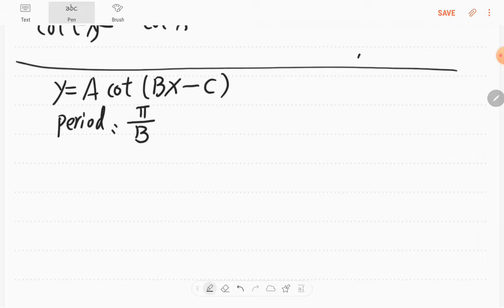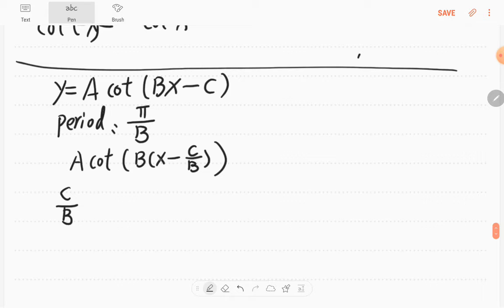And here, if you write cotangent, we take b out: x minus c over b. So c over b is called the horizontal shift.